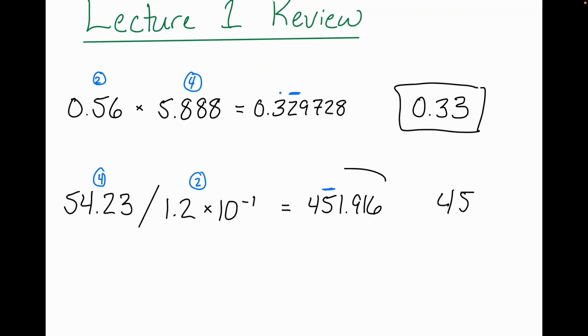No, because 451.916 rounded is not going to be 45. That changes the number, right? Remember, that 4 has to remain in the hundreds place, that 5 has to remain in the tens place. So I'm just going to tack a 0 on the end. There's no decimal point in that number, so this is still only 2 sig figs. All right? But that is my final answer, 450.